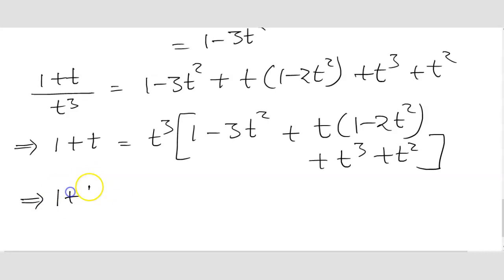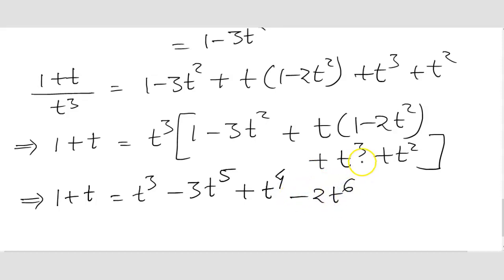The simplified result will be something like, say, t cube minus 3 t to the power 5, t cube and t4, so it is t4 minus 2 t to the power 6 plus t to the power 6 plus t to the power 5.